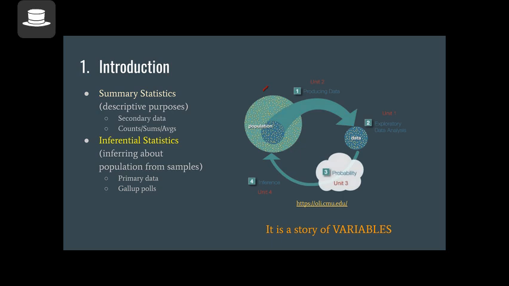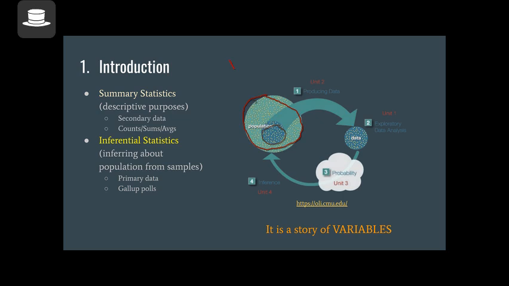But that's a very painful, resource-heavy, time-demanding process, right? What inferential statistics does is it gives the tools of inferring information about the population just based on the data you've collected from a subset of that population called a sample. So you have the entire population of the United States, and the question you're interested in is about a specific variable.